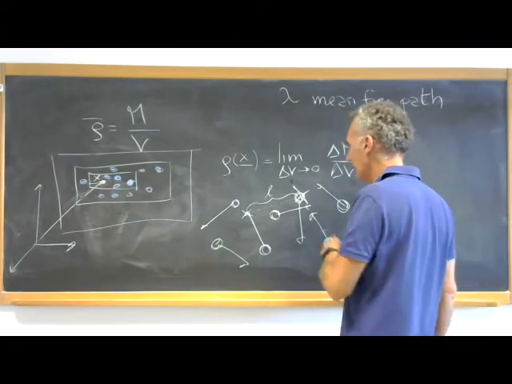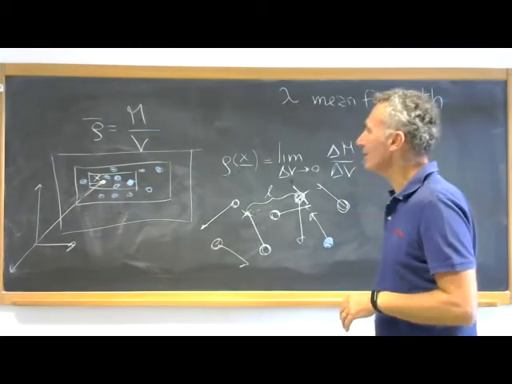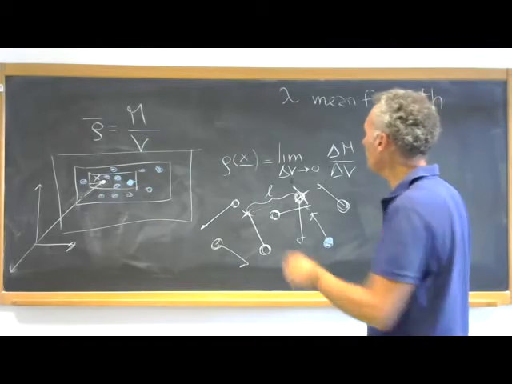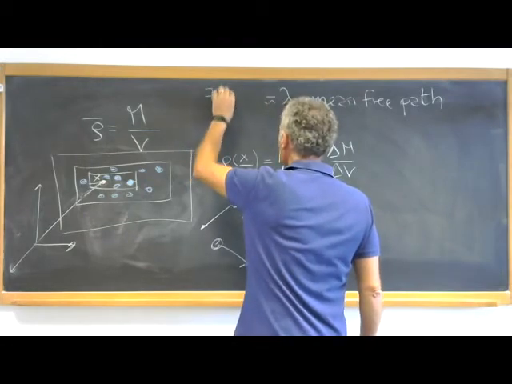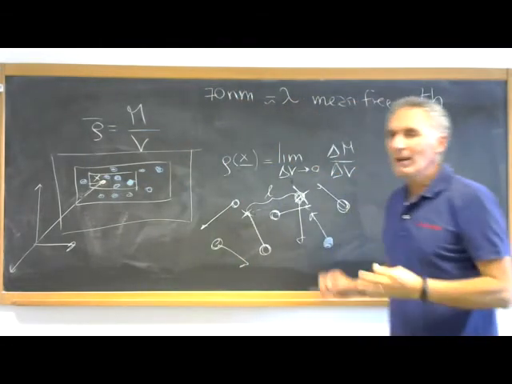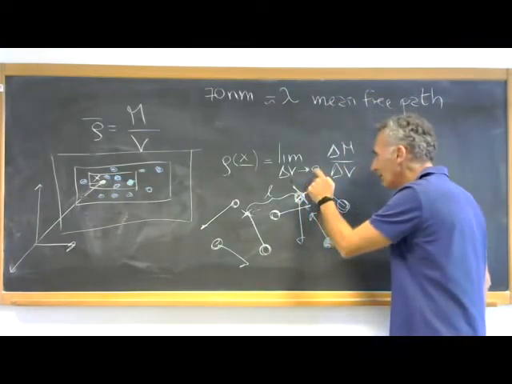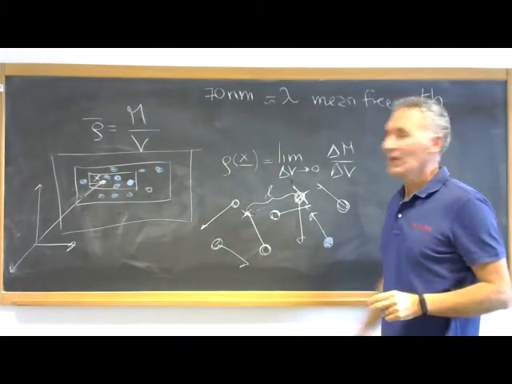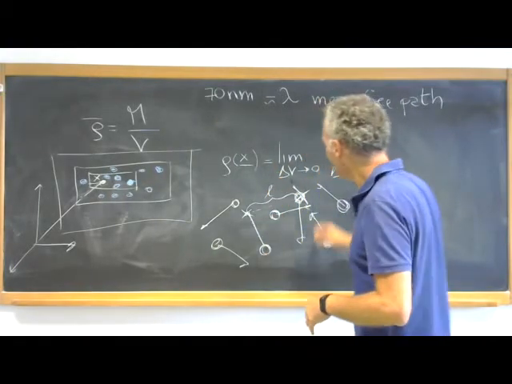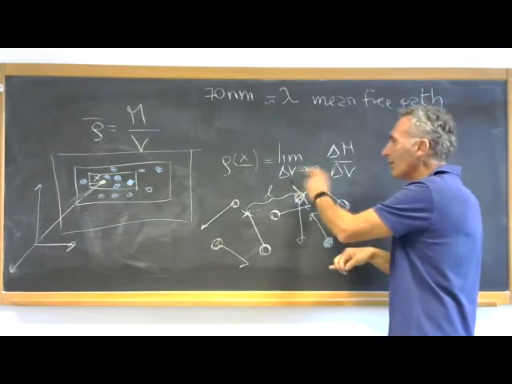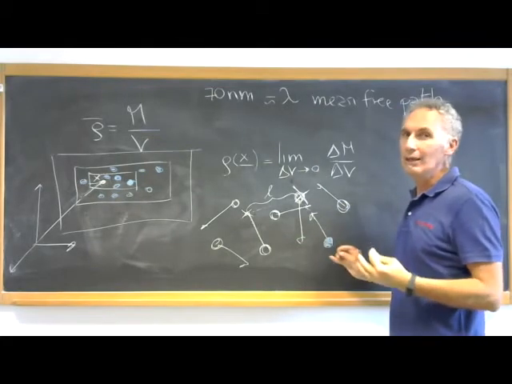Now, keep in mind that for air at standard conditions, so temperature of 15 degrees Celsius and the pressure of 1 atmosphere, this length is about 70 nanometers, which might look an incredibly small distance, but in fact it is not, because here the volume is going to 0. So 70 nanometer is small compared to our size, but it is huge compared to this volume. At some point there will be a crossover. This volume will become definitely too big for this distance.